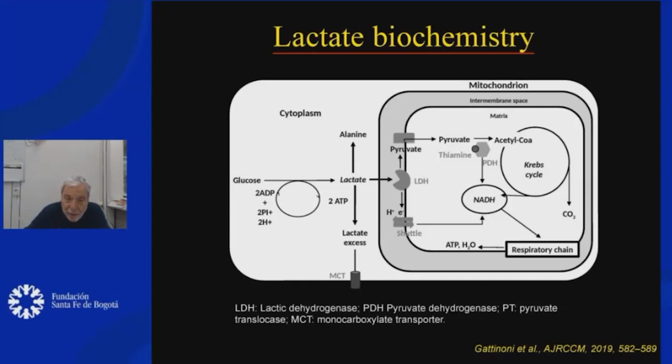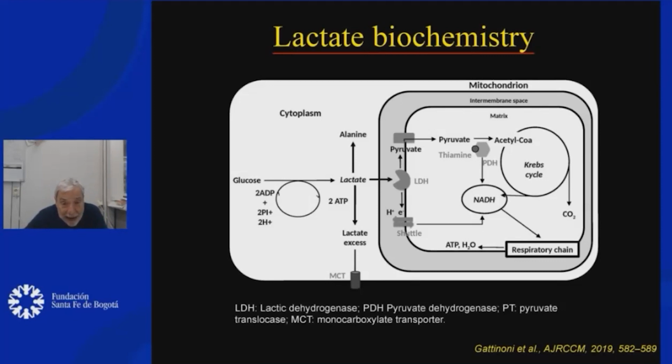If I have an excess of glucose, I may have an excess of lactate. Excess of glucose, what can it be? It might be due to, as an example, adrenaline, all the catecholamines we use and so on. They have a deep effect on the glucose and glucose metabolism. Or maybe I have a deficit of vitamin B1, the thiamine.